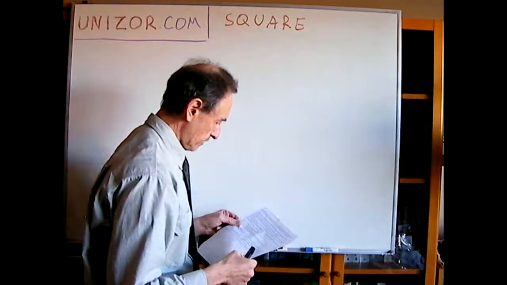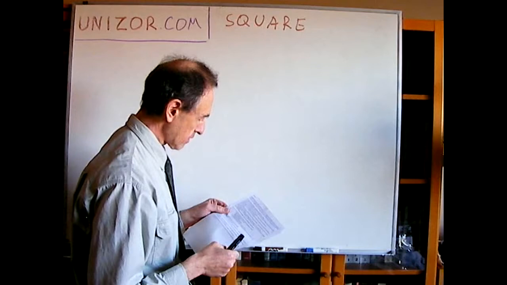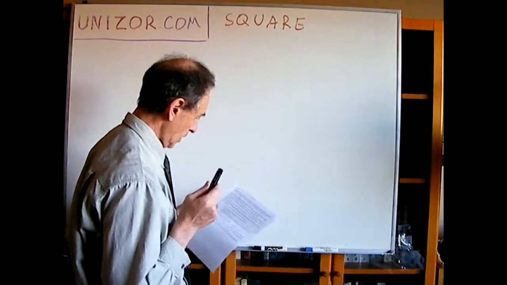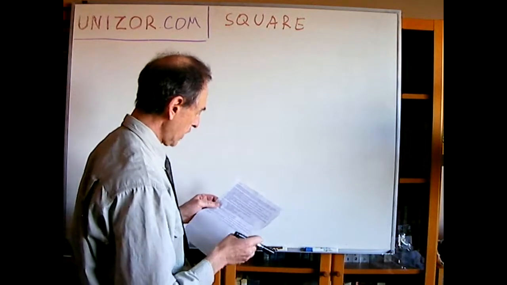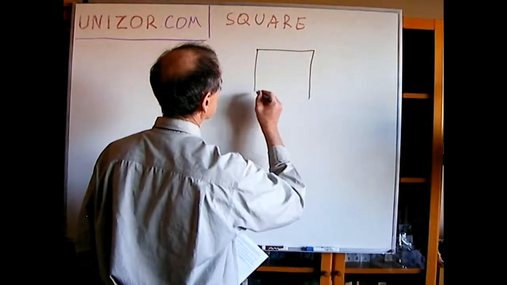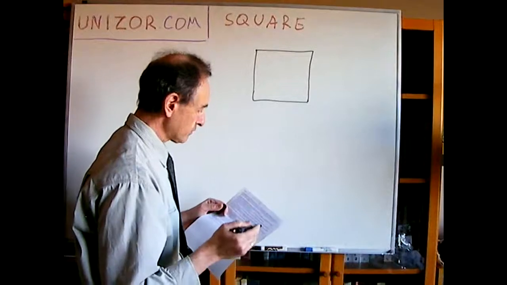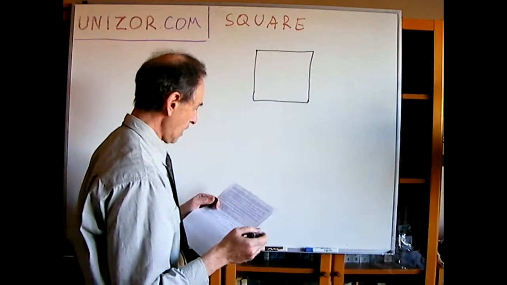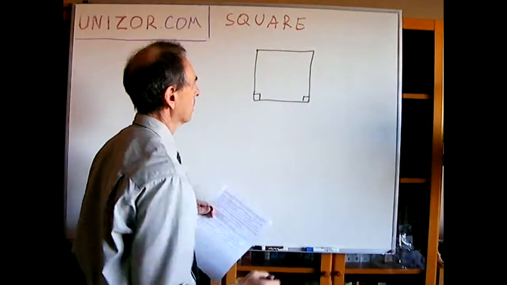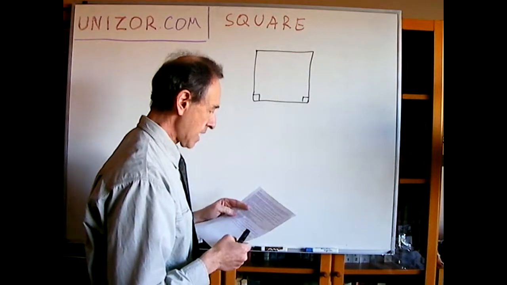So first I will mention the properties which square inherits from the parallelogram. So this is our square. The first property inherited from the parallelogram is that two angles adjacent to one side are supplemental to each other.